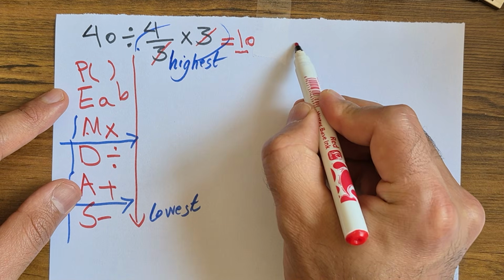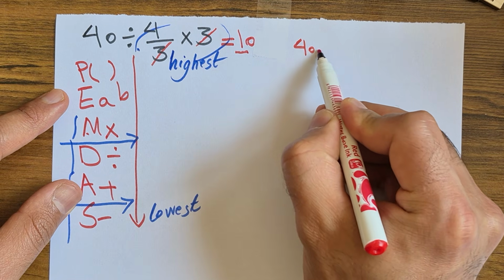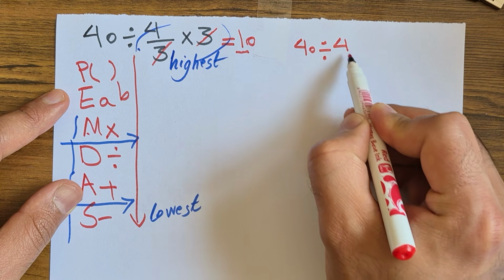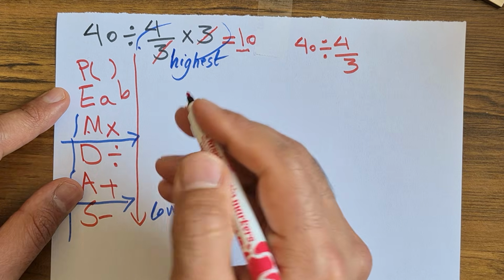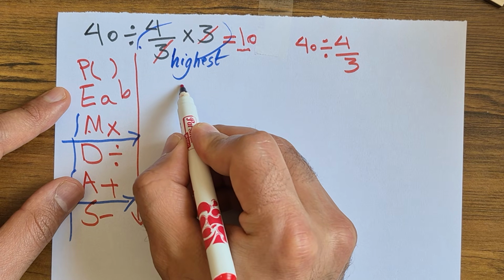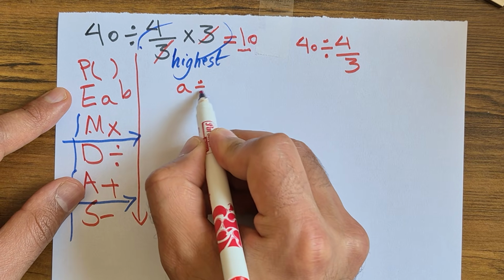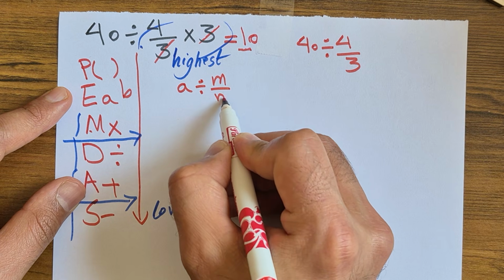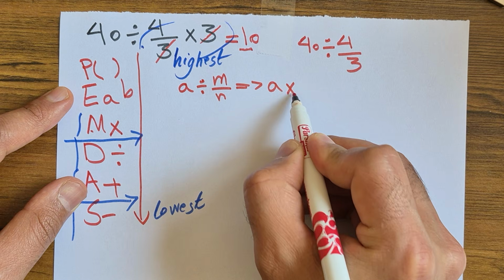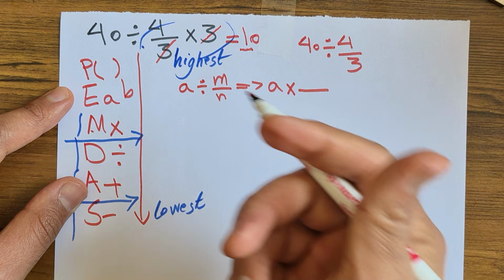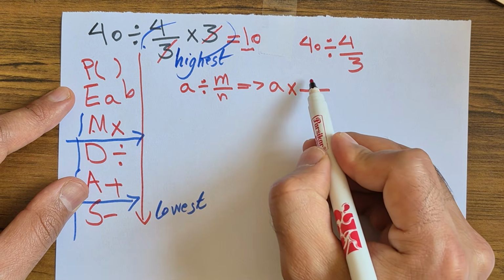So 40 divided by 4/3. Whenever you have a number and you want to divide it by a fraction, you can easily turn the sign into multiplication and swap the upper part and the lower part of the fraction.